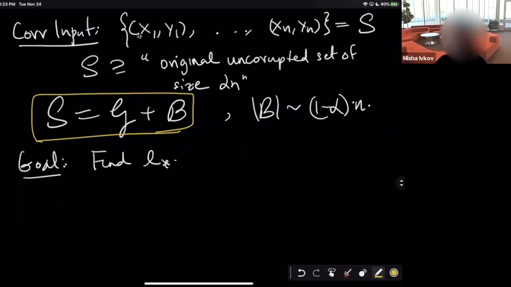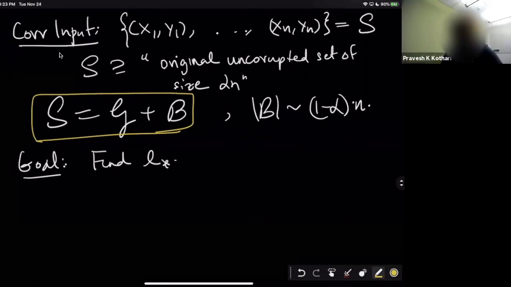If more samples are corrupted than uncorrupted, then you could just have another L hiding there. Exactly. So what Misha is saying is that this is provably impossible. The reason is that the bad samples could simply contain another alpha n size set. If 1 minus alpha is bigger than alpha, then this is always possible.